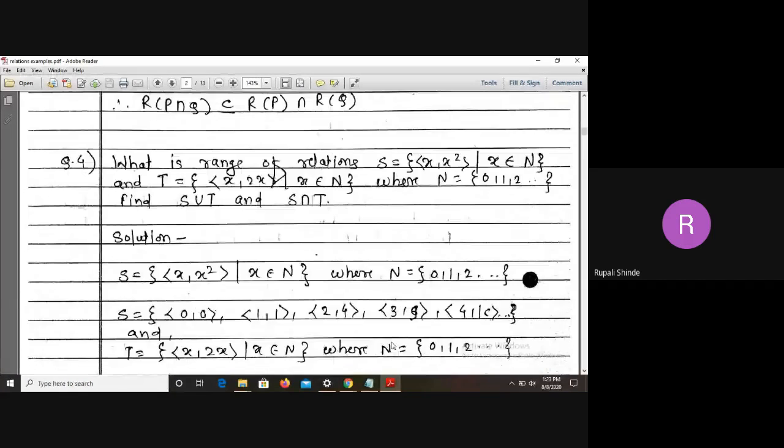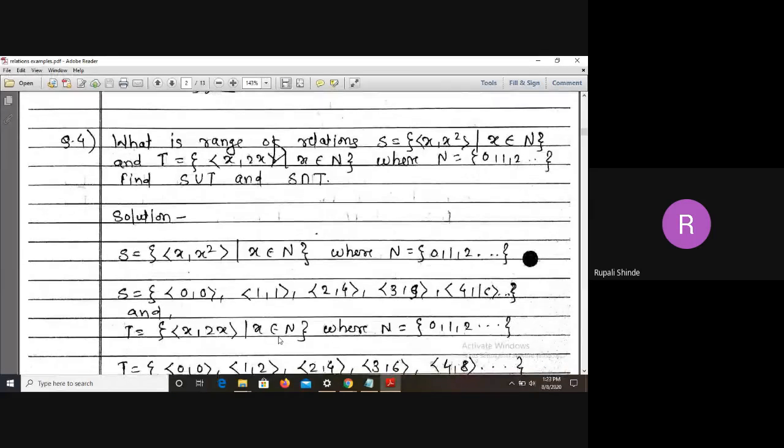So if you put the value for x here as 0, you will get the first ordered pair as 0, comma 0. If you put 1 there, then 1, comma 1. If you put 2 there, then 2, comma 4. Likewise, we can find the ordered pairs for relation S.